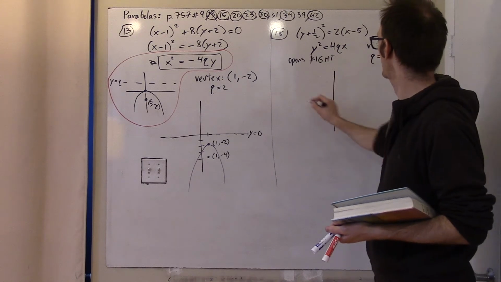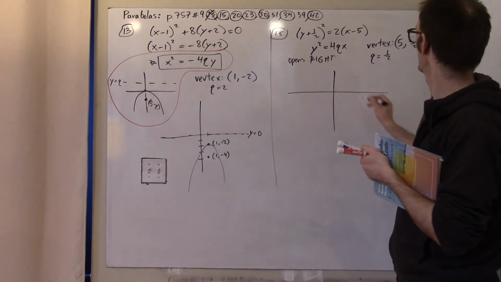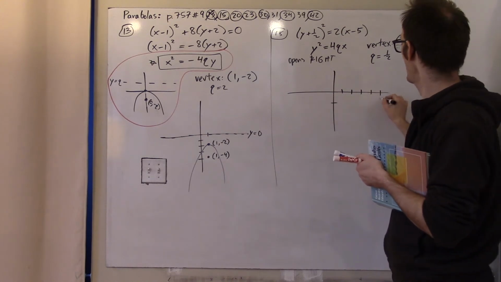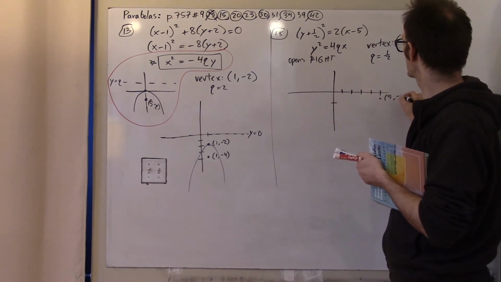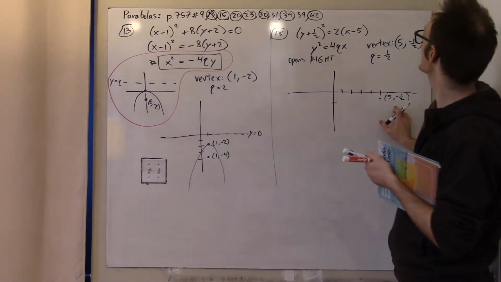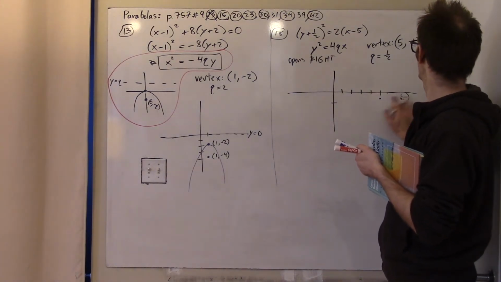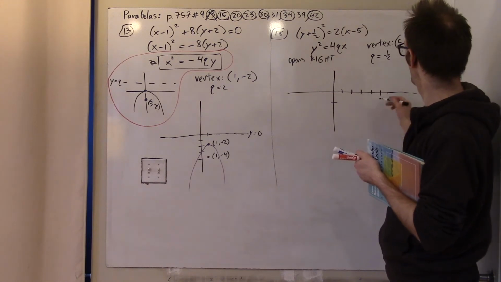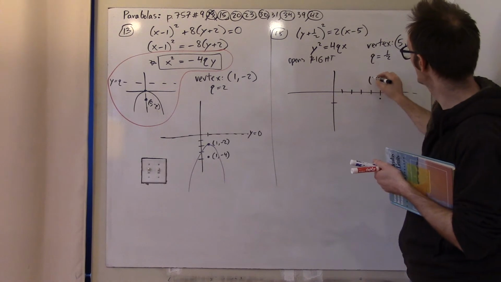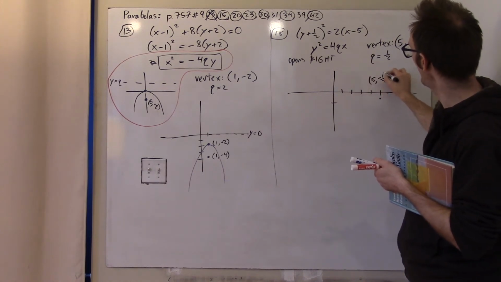So, okay, let's graph it. What's it going to look like? 5, so 3, 4, 5, comma, negative a half, so boom. That's the vertex. And, okay, what did I say? This is opening right. Q is a half. The picture's kind of bad, I guess, but that point is 5, comma, negative a half.